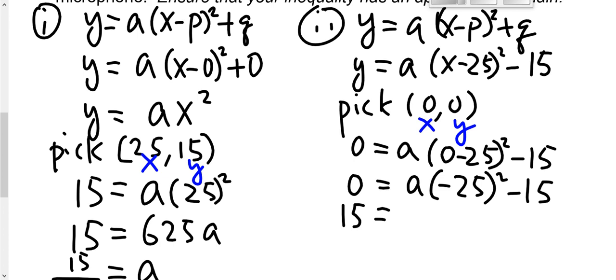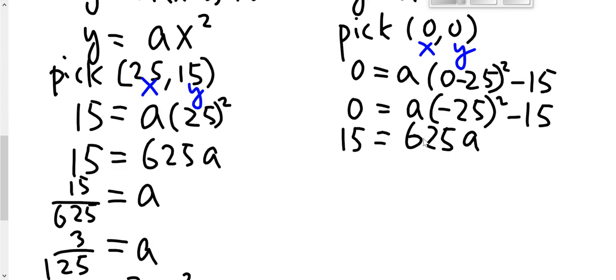And then if you look at this, negative 25 squared gives you 625, times a gives you 625a, and then divide both sides by 625, so a equals, you don't get a perfect decimal, so leave that as a fraction.